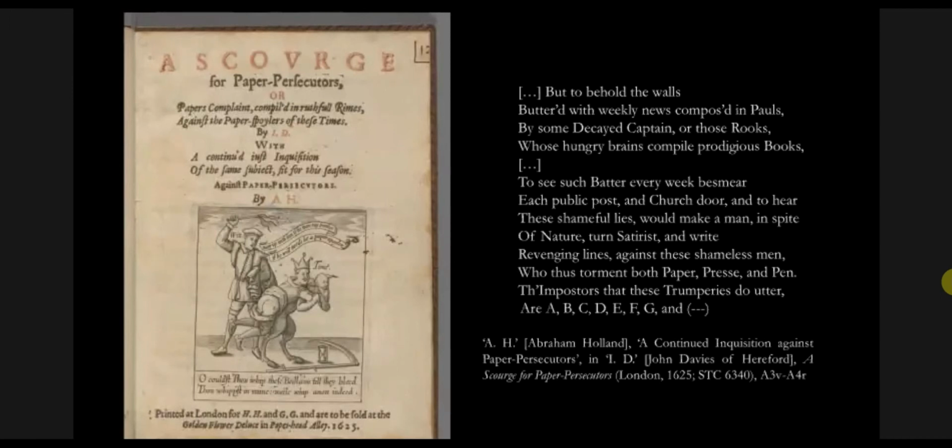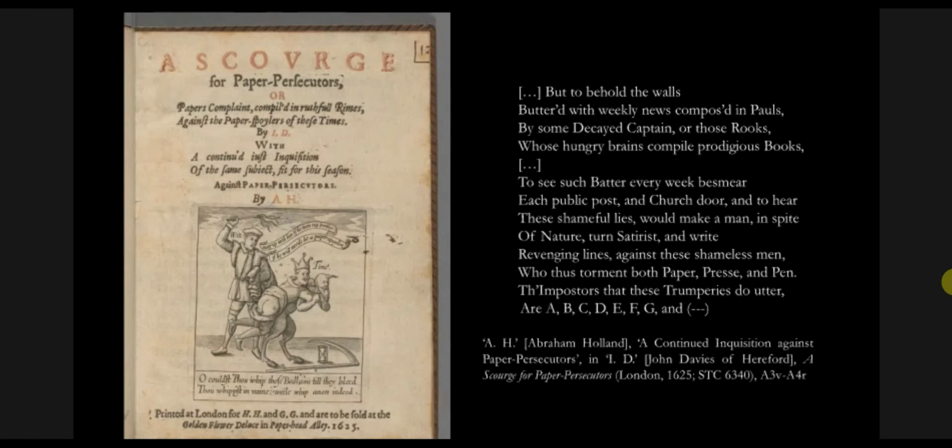But to behold the walls, buttered with weekly news composed in palls by some decayed captain, or those rooks whose hungry brains compile prodigious books, to see such batter every week besmear each public post and church door, and to hear these shameful lies, would make a man, in spite of nature, turn satirist and write revenging lines against these shameless men who thus torment both paper, press, and pen.